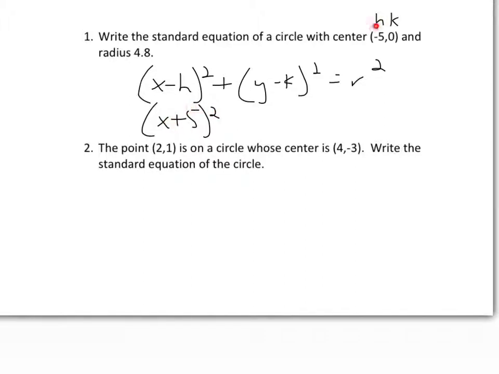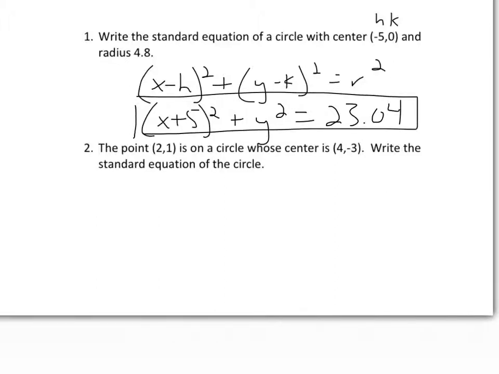What appears in here is the opposite of what the actual center is, because of that negative sign. Plus (y - 0)², so you don't need to worry about doing the y minus 0, because the 0 doesn't change anything. Equals 4.8 squared, which I believe is 23.04.